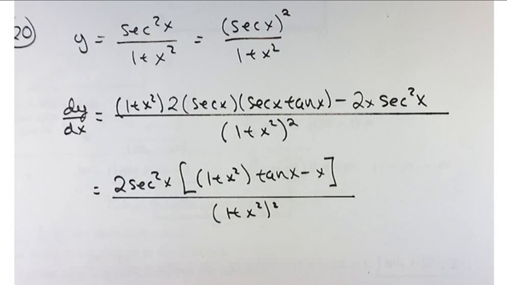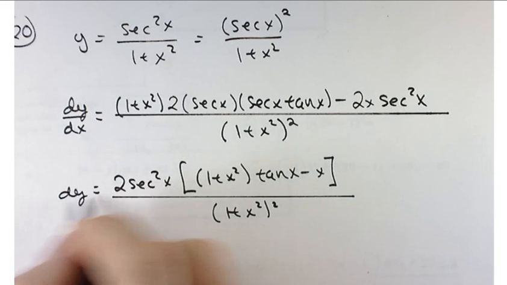Now, it's certainly understandable and very easy after all this work to just pound your chest, declare victory, and go home. Mission accomplished, right? Not quite. Remember, you're asked to solve for dy.